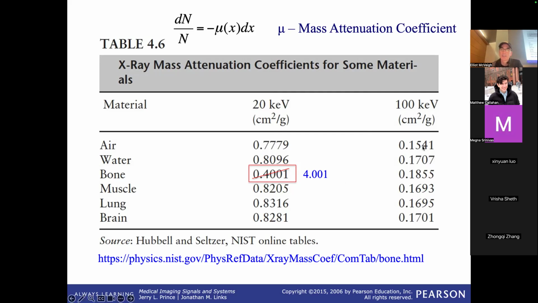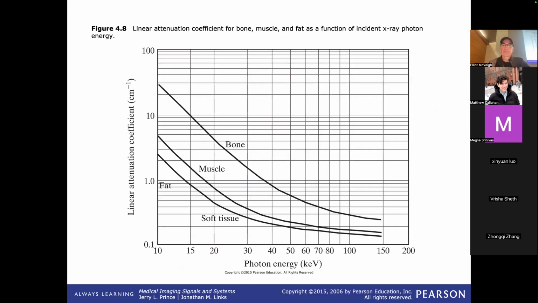And then you get to 100 keV, the values go down because at 100 keV, more photons get through the patient. All these values are measured to many decimal places by NIST, which is this really cool place in Montgomery County in Maryland. They do all of these physical measurements.